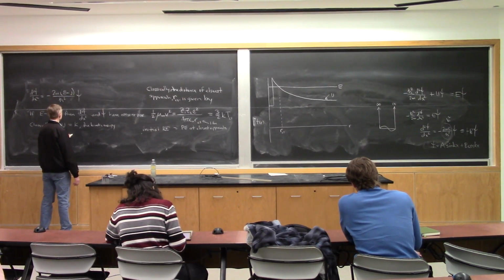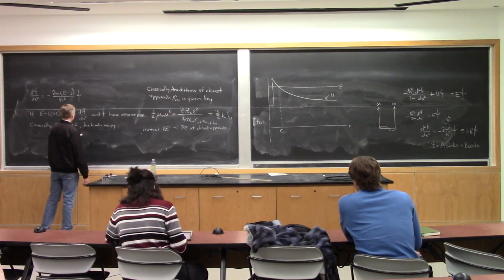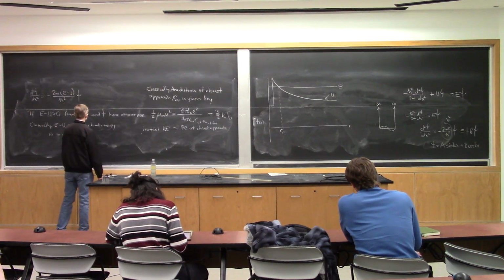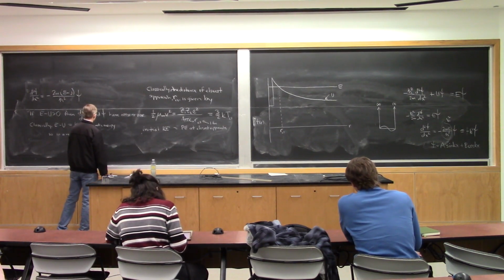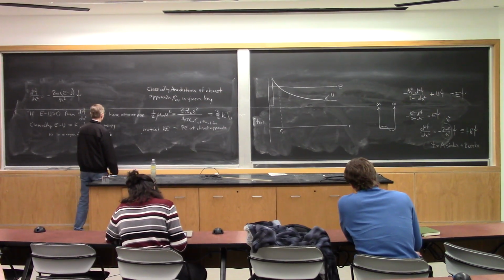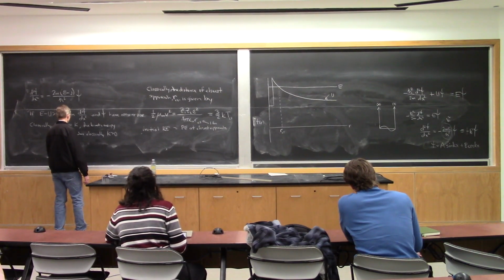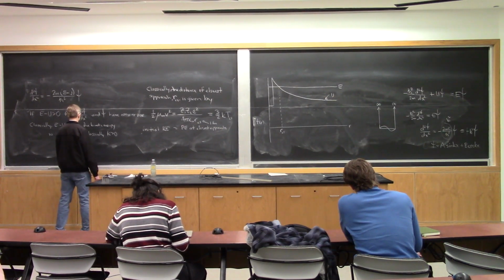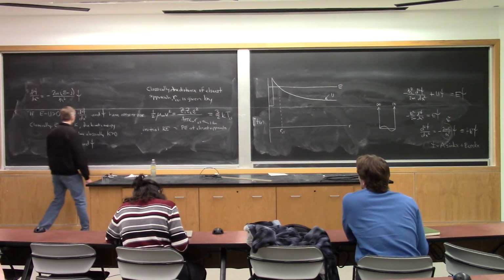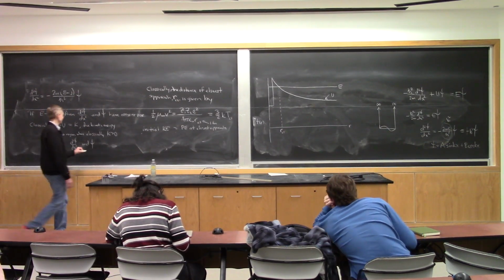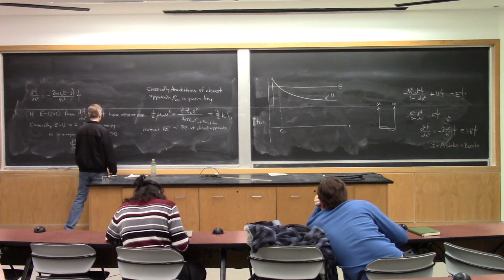So in a region where classically K is greater than 0, that's the condition that d squared psi dx squared and psi have opposite signs.